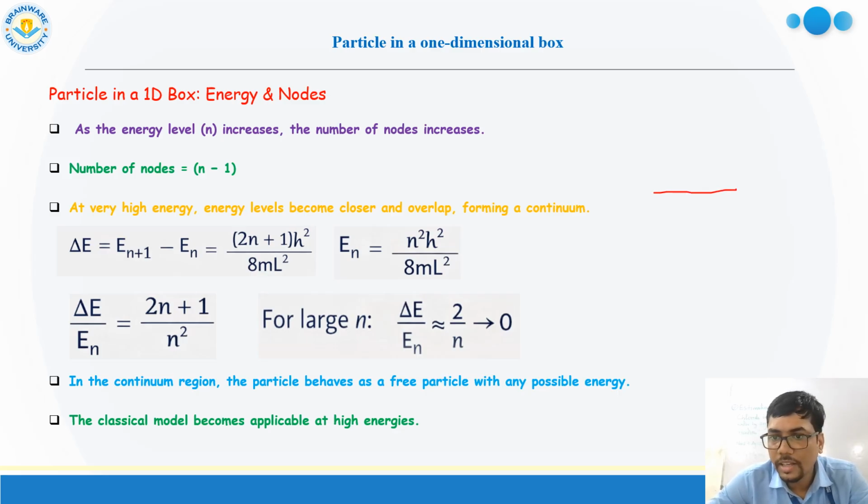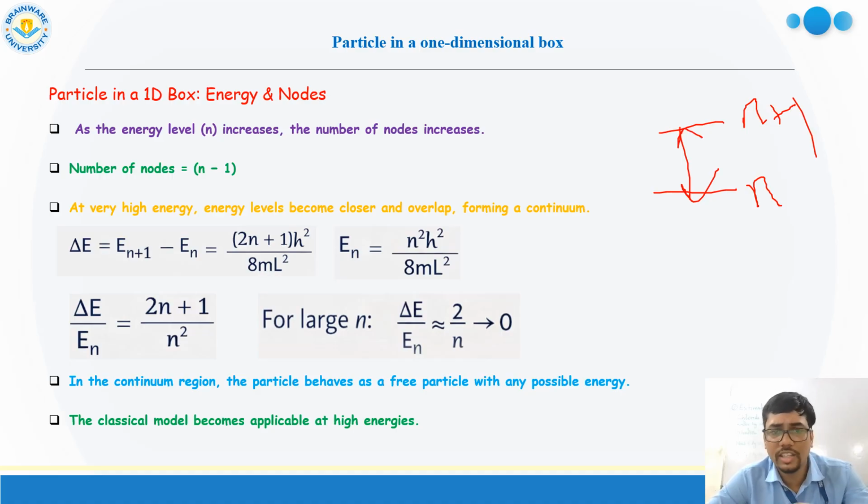Suppose this is my level n, and a higher level is n plus 1. I want to find the energy gap E(n+1) minus E(n). According to the formula, you put those values and you get, as I have already told you, (2n plus 1) h square by 8 m l square.